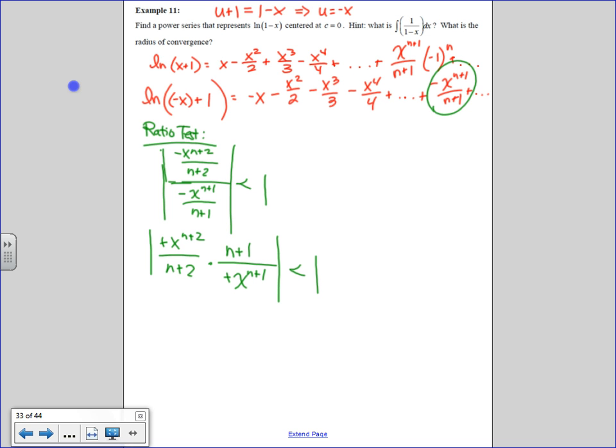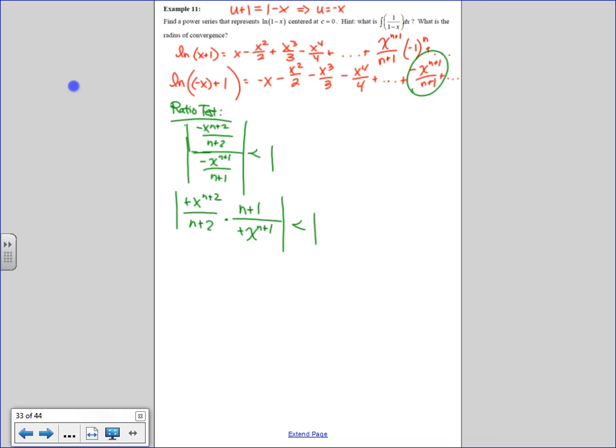I can pull out the n plus 1 over n plus 2 because those don't need to be in absolute value. x to the n plus 2 over x to the n plus 1, what's true there? n plus 2 minus n plus 1, what do I get? Subtract powers, right? What's n plus 2 minus n minus 1? x, right? So I have absolute value of x less than 1.